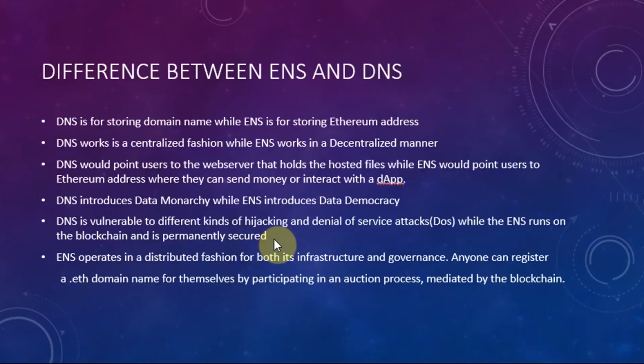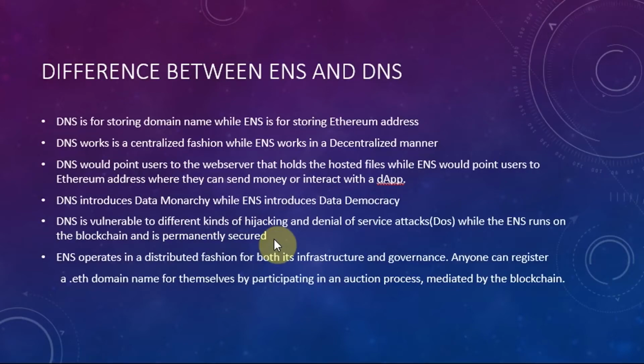Thank you. Hi, in the last two videos, I talked about what a DNS, a domain name server, is, and I also talked about what an ENS, an Ethereum name service, is, and we got to see the two concepts and how they work.